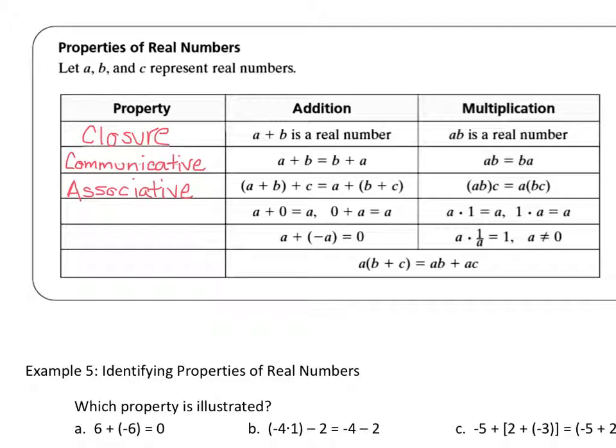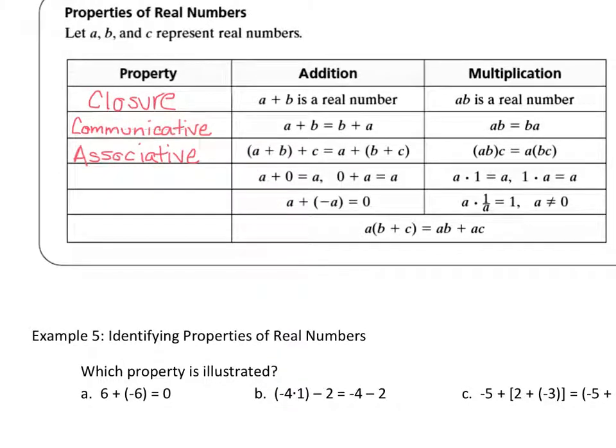It's saying when you're adding, we can group the first two terms together, add them, and then the third, and it equals the same thing if we had added the last two together first and then the first one. Okay, it doesn't matter. Same thing with multiplying. If we do A and B together first and then C, it equals the same thing if we do B and C and then A. Doesn't matter.